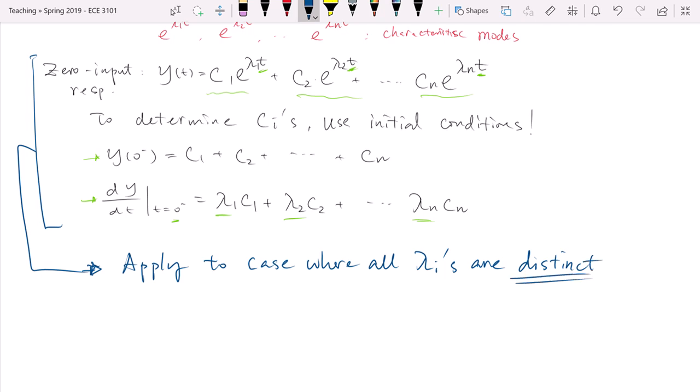Meaning you cannot have repeated roots. They can be real, they can be imaginary, they can be complex, but they cannot be repeated.